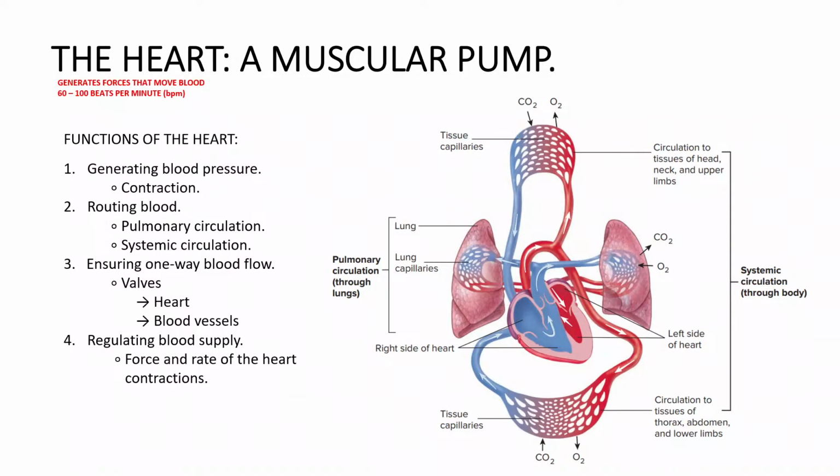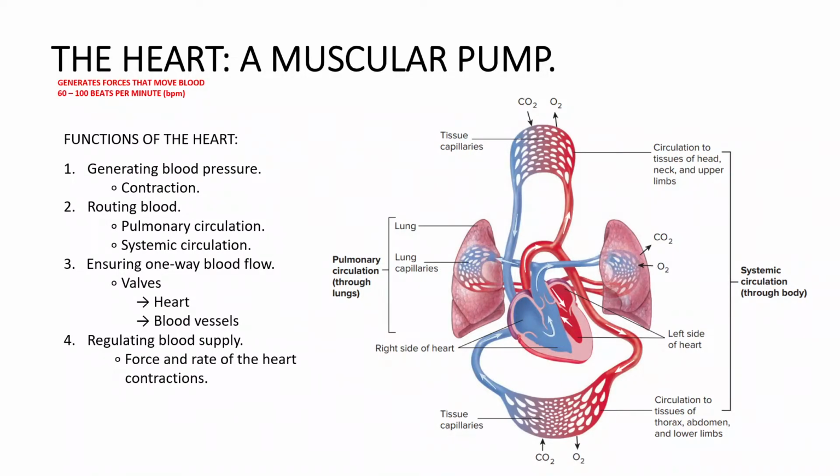So number one, the heart acts like a pump that produces force, and this particular force that the heart generates ensures that blood travels in our blood system. And then the second function of the heart is routing blood.